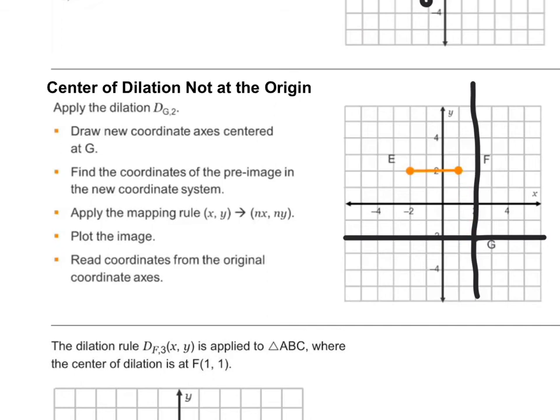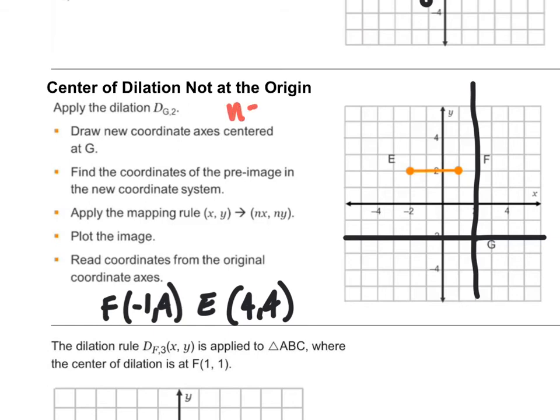So F has the point negative 1, 4. And then point E is the point, what is this, 1, 2, 3, 4, up 1, 2, 3, 4. E is the point 4, 4 as well. What I want to do is take my scale factor, n is equal to 2, and multiply it by each of these.